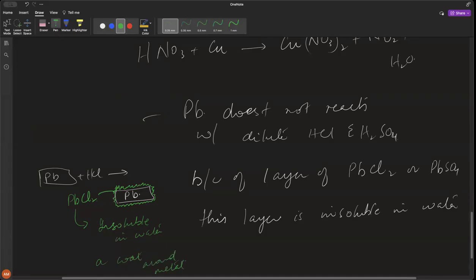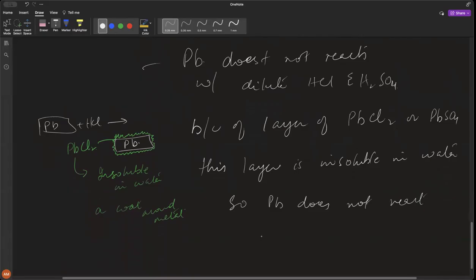If it is insoluble, it means it is not going to react any further. Do you understand? So Pb does not react any further. Is this clear?